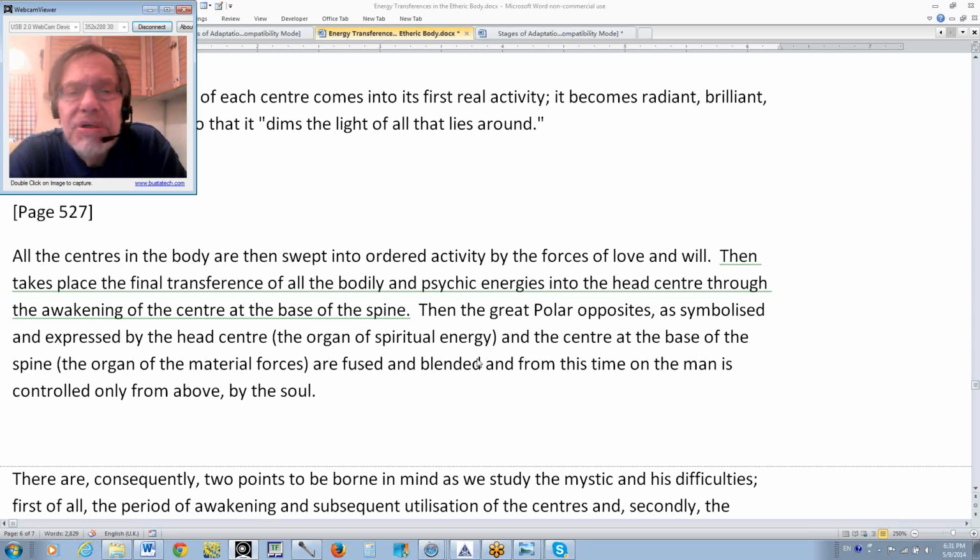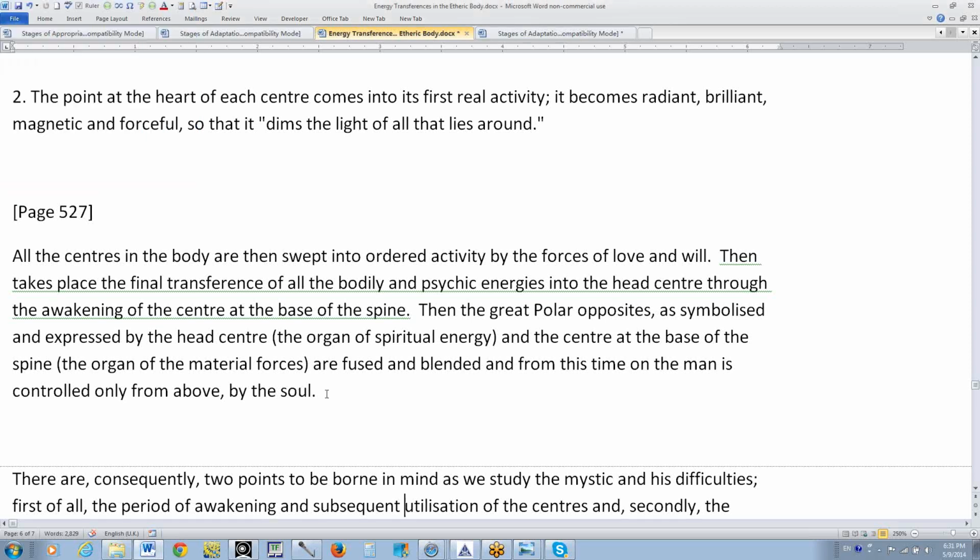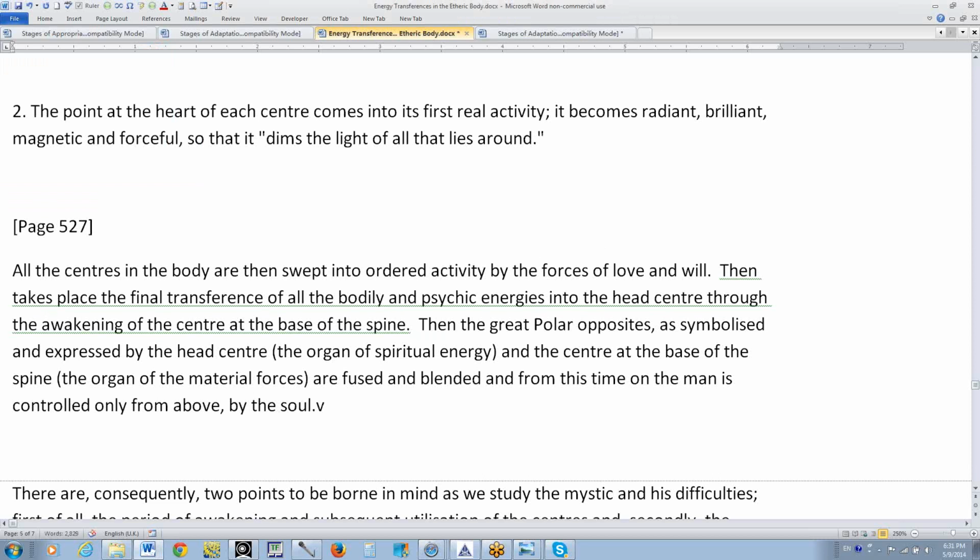Then the great polar opposites, as symbolized and expressed by the head center, the organ of spiritual energy, and the center at the base of the spine, the organ of the material forces, the organ of will, and the organ of purpose. The head center, purpose, the base of the spine, will, are fused and blended, and from that time on, the man is controlled only from above by the soul. So this is certainly, let us say, beyond the third initiation, certainly then and even farther.